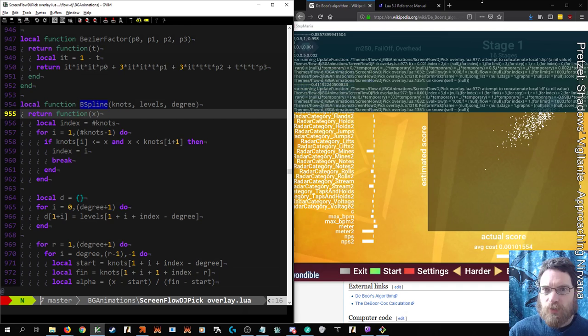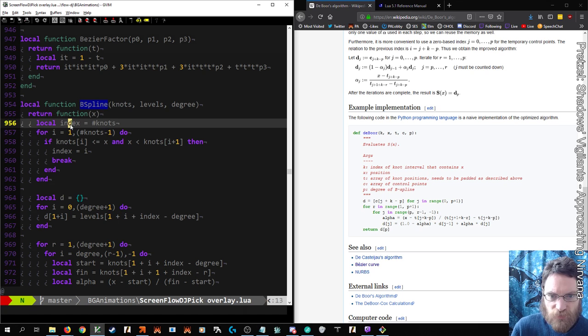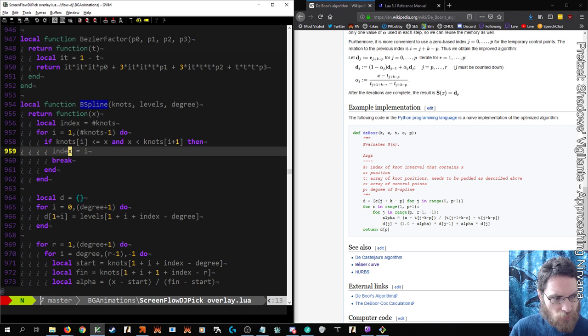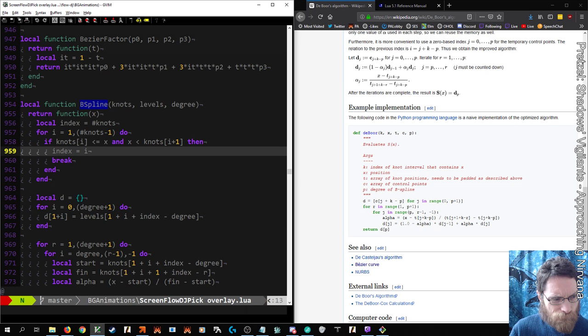Oh, maybe my knot detection is index that's at. For this math to work out, maybe index has to be I minus 1?